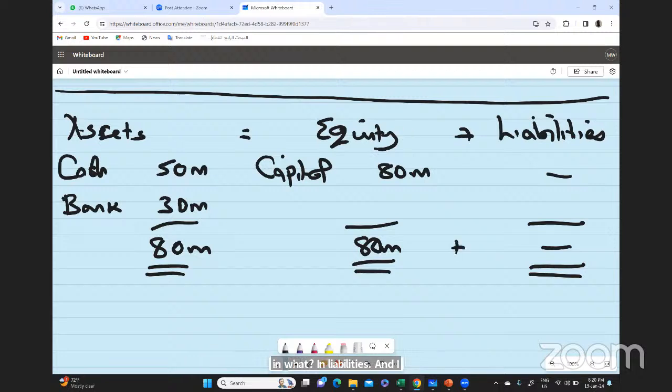It will balance, 80 plus 0 is 80, and then 80 on the left-hand side. Assets equals liabilities plus equity.